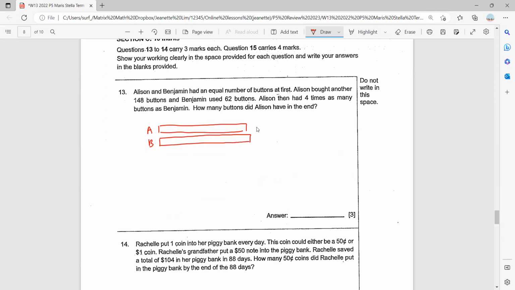Allison bought another 148, so I need to add 148. Benjamin used 62, so let's remove 62.